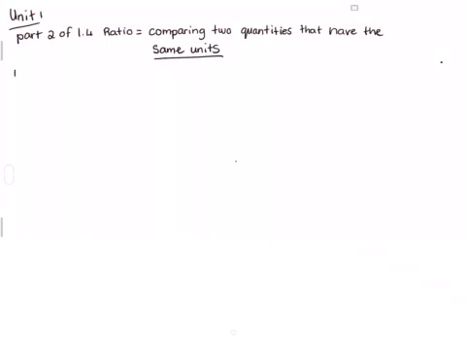Let's just first say we can write a ratio in three ways. The most common way is as a fraction. So 5 over 10 is actually comparing 5 to 10, like 5 males to 10 females. And you can obviously simplify it just like you do with a fraction. For every one male, there are 2 females.